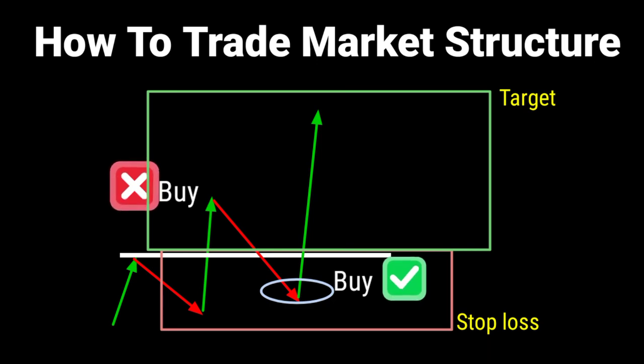Once you observe that confirmation, you can buy and put your stop loss below the recent low, and then your target should be above the most recent high, because in an upward trend there should be a new high created. So that will be your target, and your risk reward ratio should not be anything less than 1:2. Should be 1:2 and above.